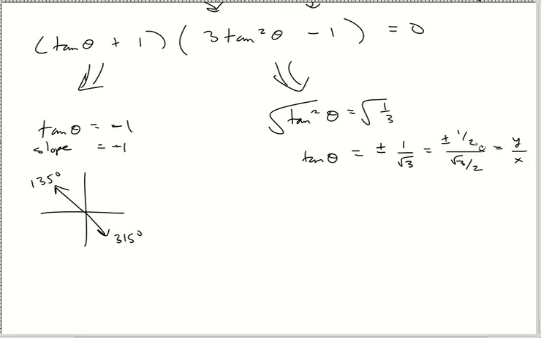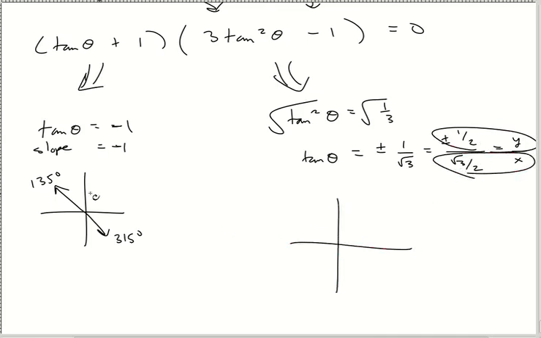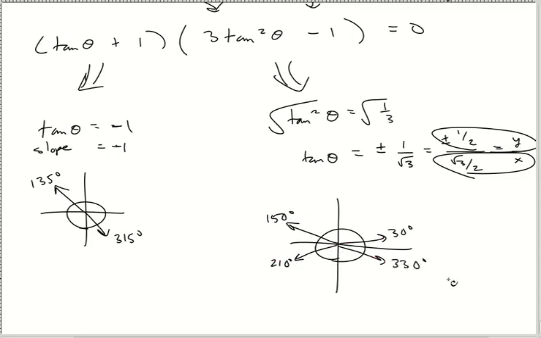On this side, again, I'm looking for my smaller y values, my bigger x values, and again, every single negative positive possibility. So bigger x values are this guy at 30, 150, 210, 330. Notice that this is part of my memory tools. I'm saying x is the bigger one.